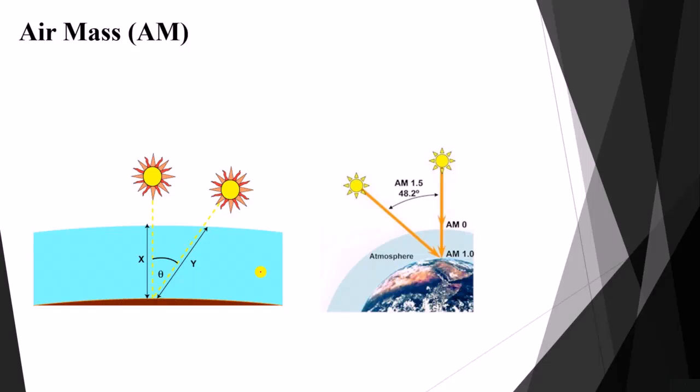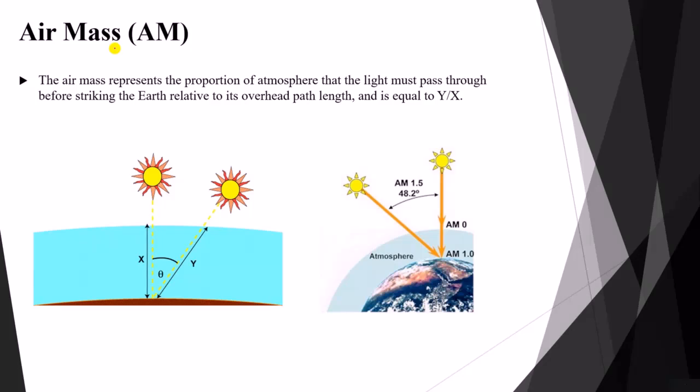So before we discuss something which is important, which is tilt angle, we have something which is called the air mass. So what does air mass mean? Air mass is simply the proportion of the atmosphere that the light must pass through before striking the earth, relative to its overhead path length, and it is equal to y over x.